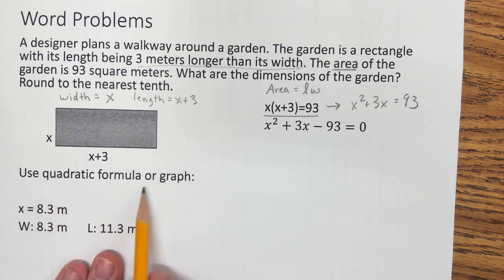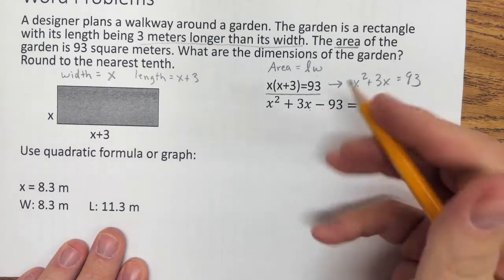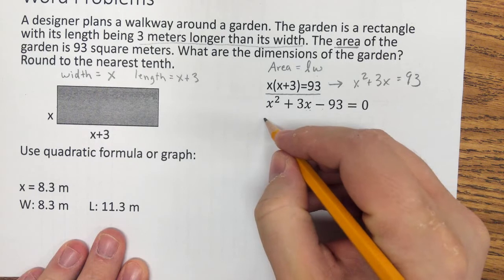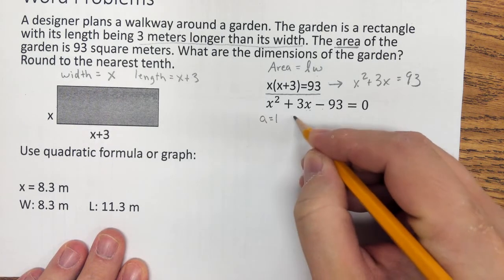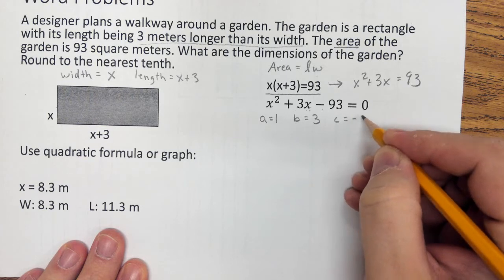This one we'll use the quadratic formula instead of graphing, and you don't have to. You can use the graph if you want. But just for fun, say a equals 1, b equals 3, c equals negative 93.